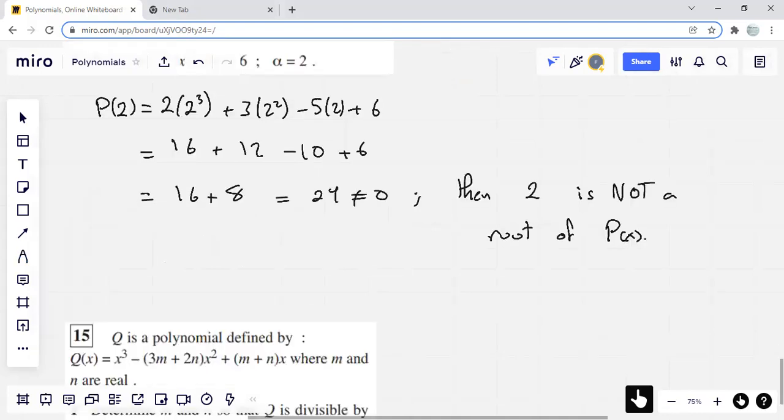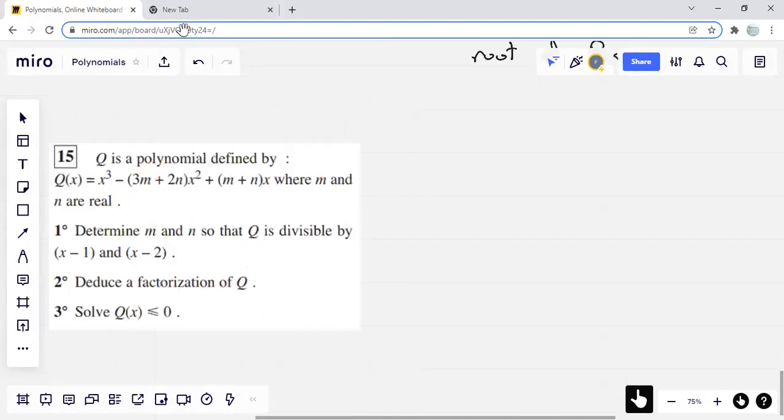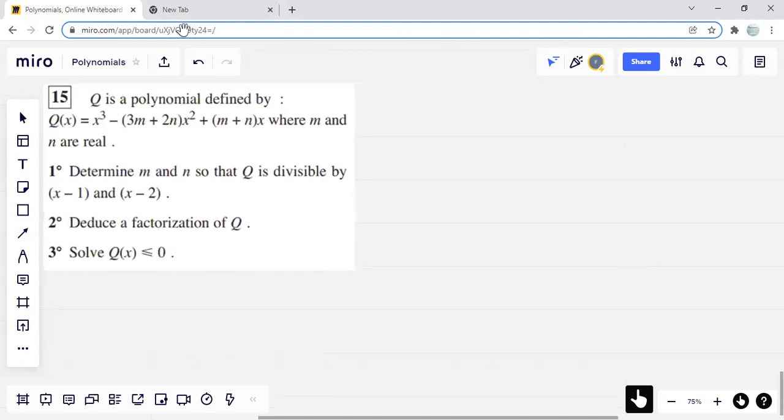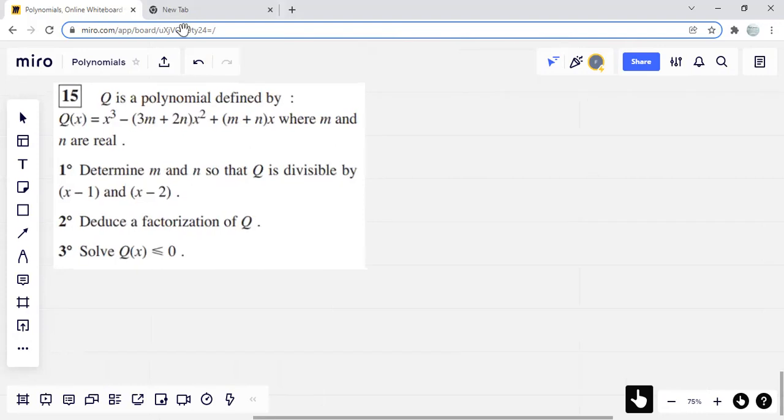And now for exercise 15, okay, we have the polynomial q. It's defined as such. Now in this polynomial, the coefficients of x squared and x are given in terms of m and n.